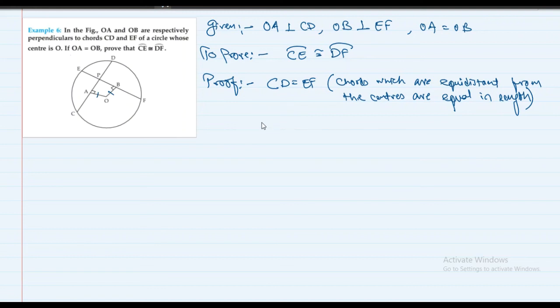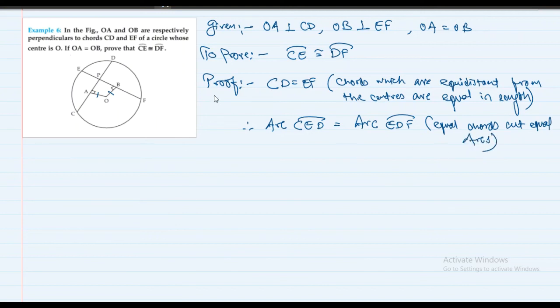So can we say that therefore arc CED is equal to arc EDF? Why? Because equal chords cut equal arcs.